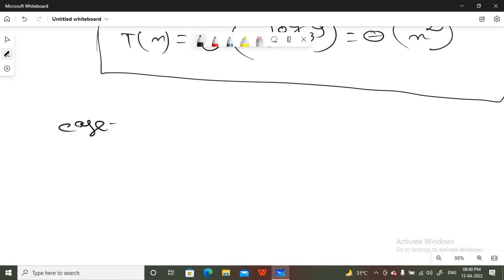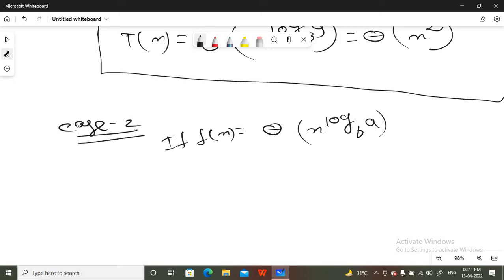What is case 2? Case 2 says if f of n equals theta of n to the power log of b of a. First we have to check the first case. If the first case is not satisfied, then we can check case 2.